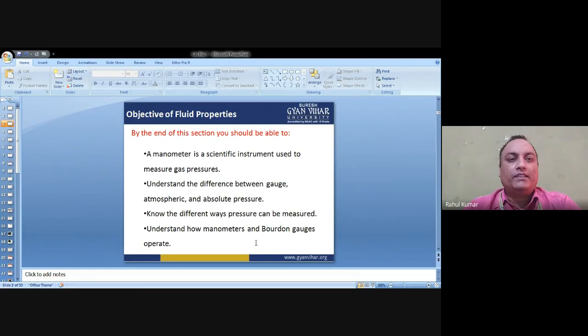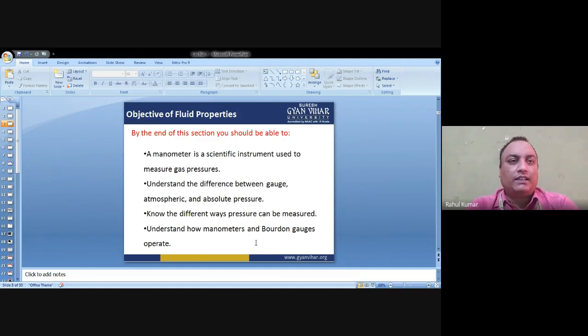By the end of this section, you should be able to understand the manometer as a scientific instrument used to measure gas pressure, understand the difference between gauge pressure, atmospheric pressure, and absolute pressure, know the different ways pressure can be measured, and understand how manometers and Bourdon gauges operate.